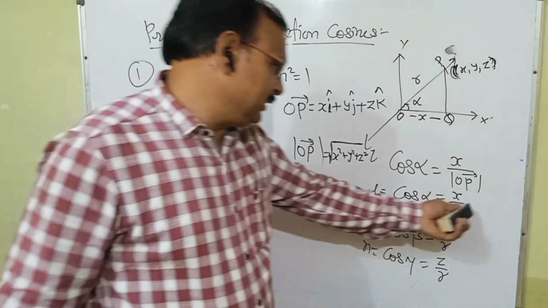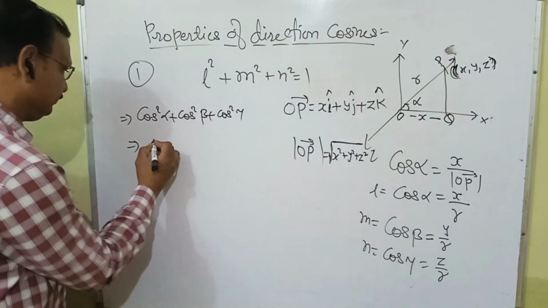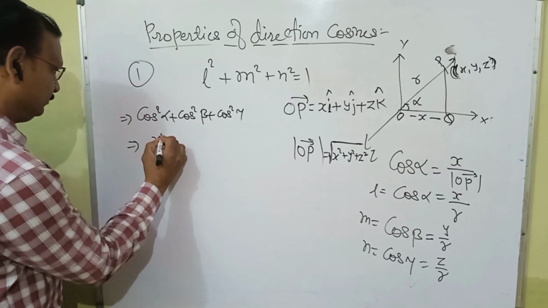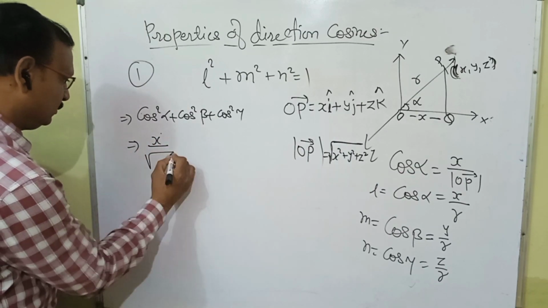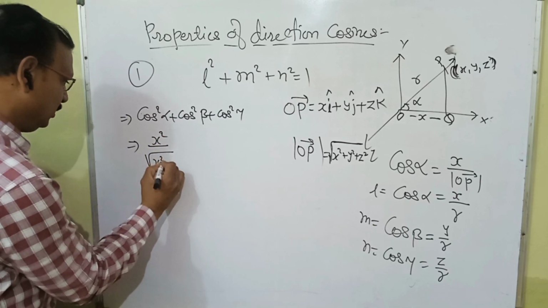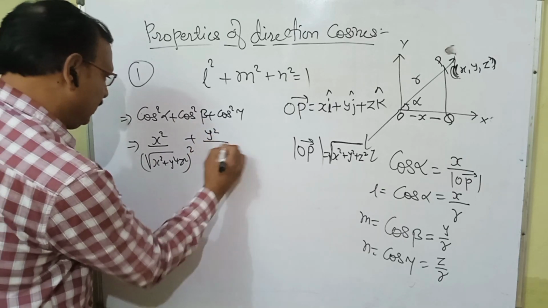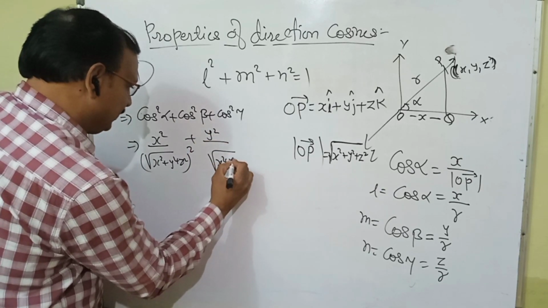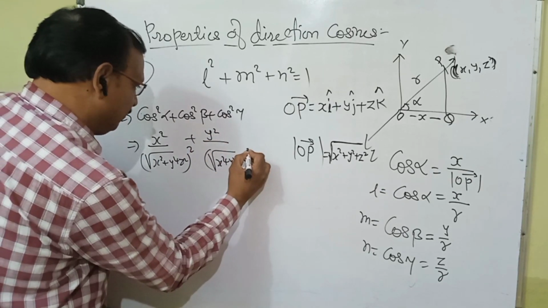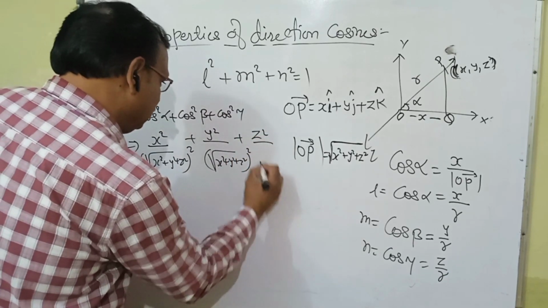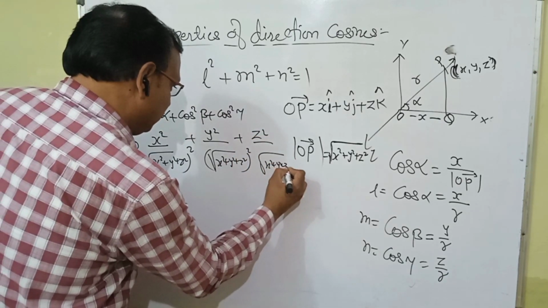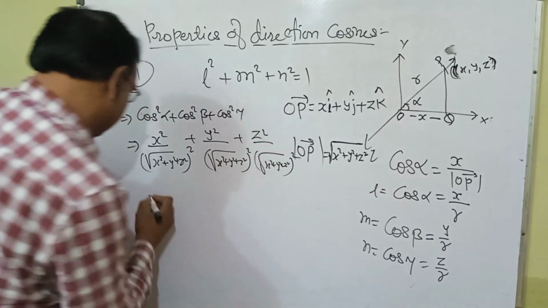Cos square alpha is nothing but x upon r whole square, that is x upon root of x square plus y square plus z square whole square, and similarly for y and z.